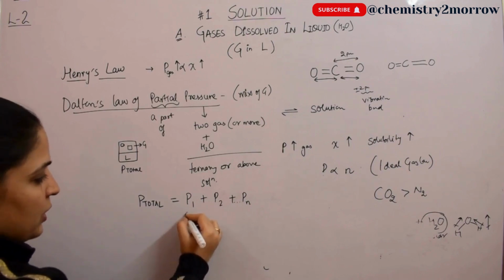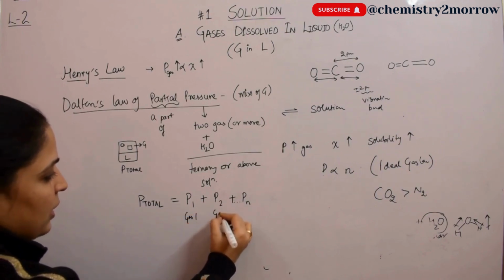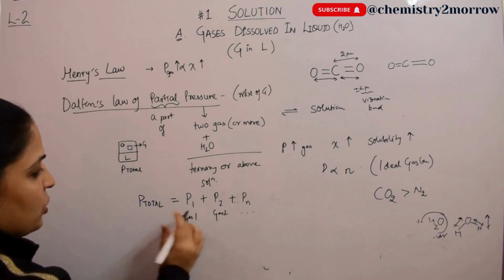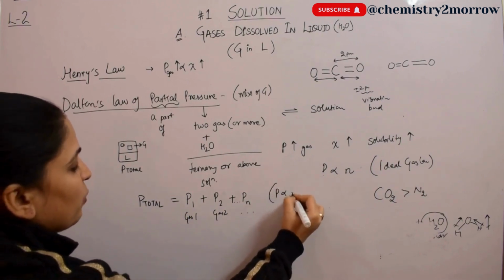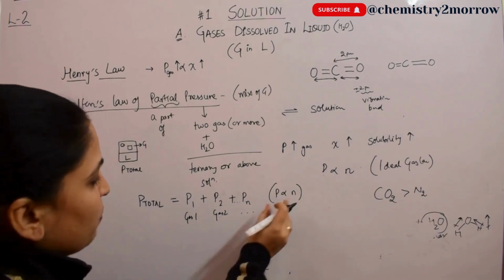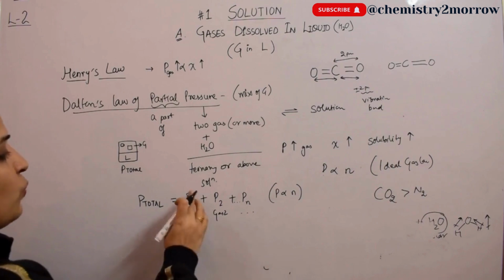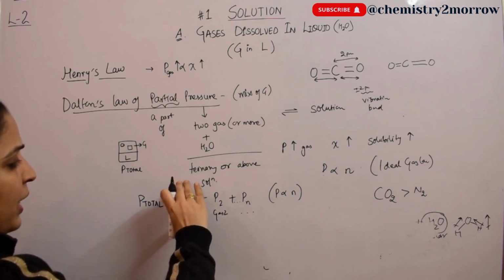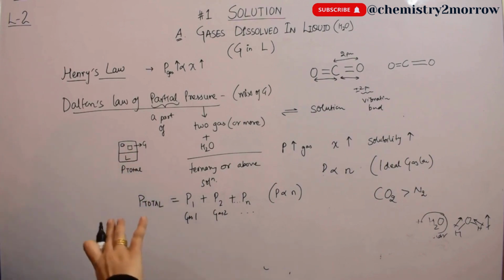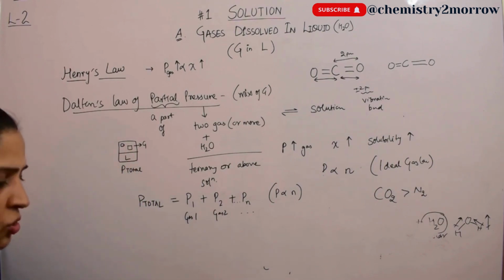So if this is gas 1, this is gas 2 and so on, then each gas will exert its own pressure, since we know pressure is directly proportional to the amount of gas. Depending on the amount of gas present in the system, it will exert its own pressure, and each pressure can be added to obtain the total pressure exerted by the gaseous mixture as a whole.